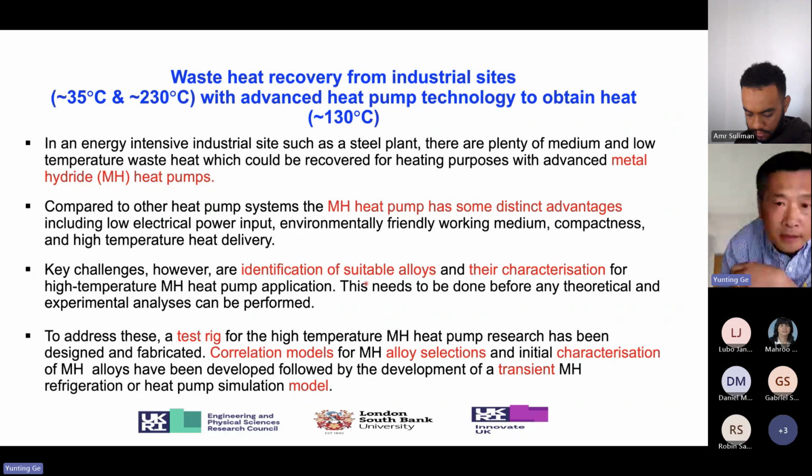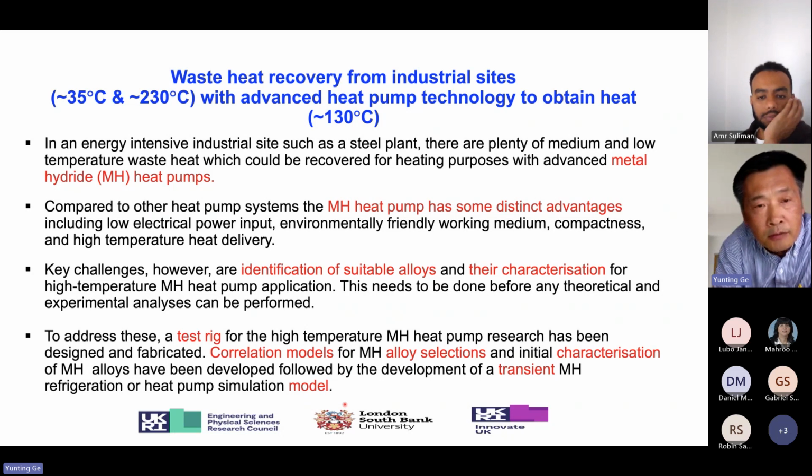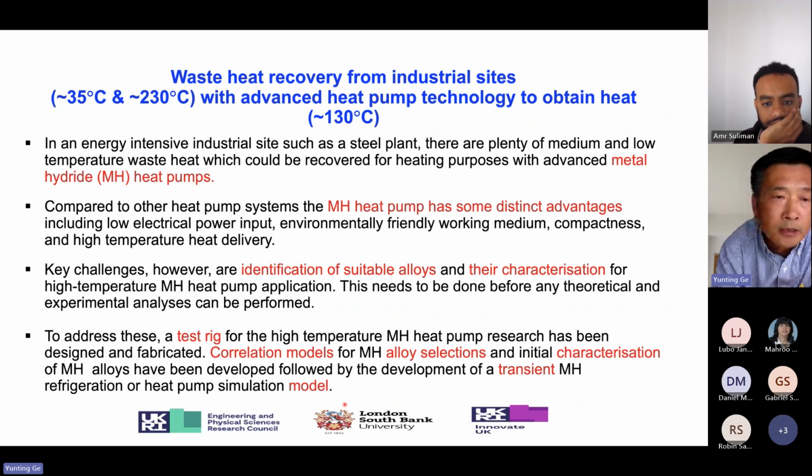After that, we need to develop a test rig so that we can investigate the system experimentally. We also need to develop a detailed mathematical model for the system. For future application, if we want to scale up the system for actual application, we need to develop a detailed model for the whole system.